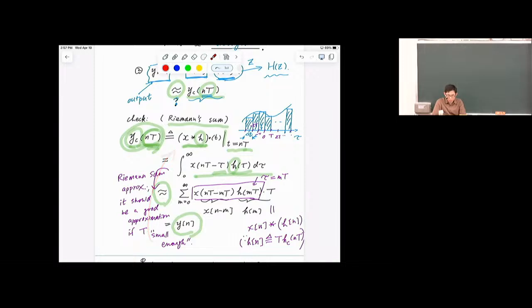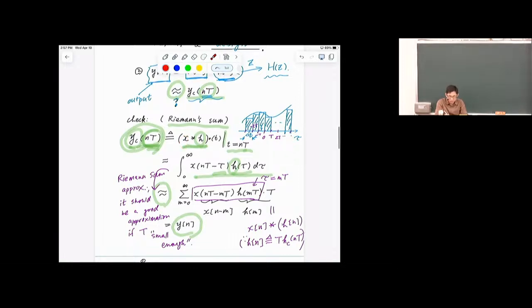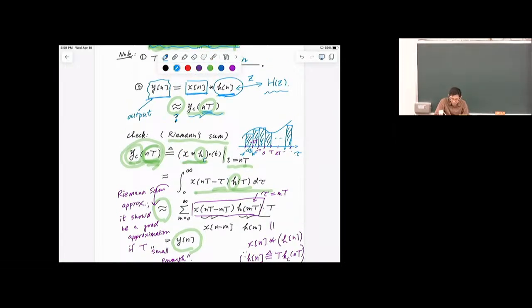So now with this design thinking, y of n should be equal to x convolved with h, right? And x convolved with h equals this. And that's a good approximation to this integral. And what is that integral? This integral is x of t in continuous time convolved with our desired analog impulse response.